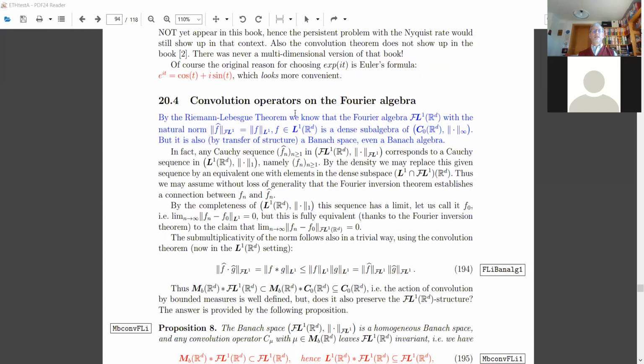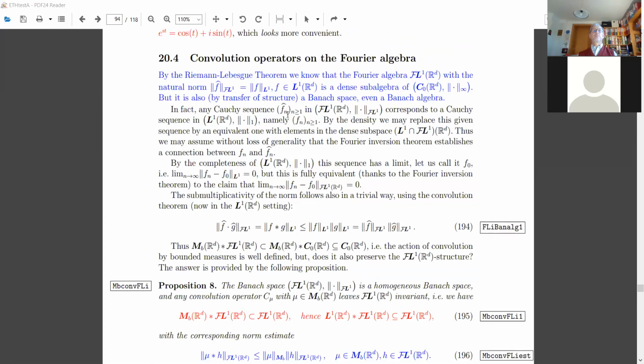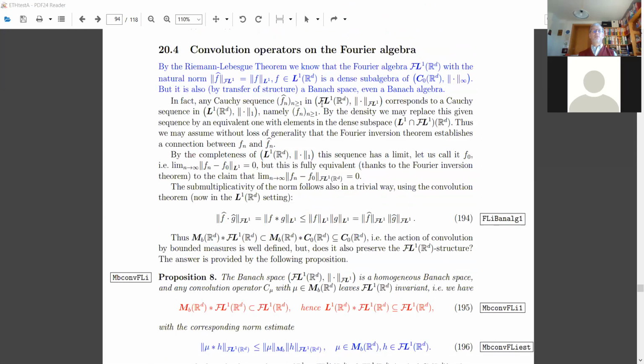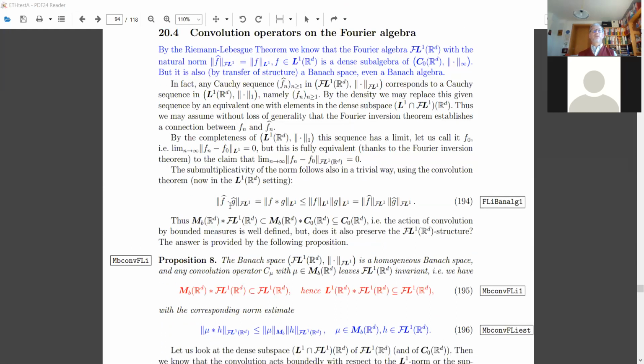Now, I was also indicating, and I'm really doing this now quickly, that the concept of Fourier algebra is justified because we know that L1, as a subalgebra of the bounded measures with respect to convolution, is a Banach algebra. By transfer of structure, convolution goes to pointwise multiplication.